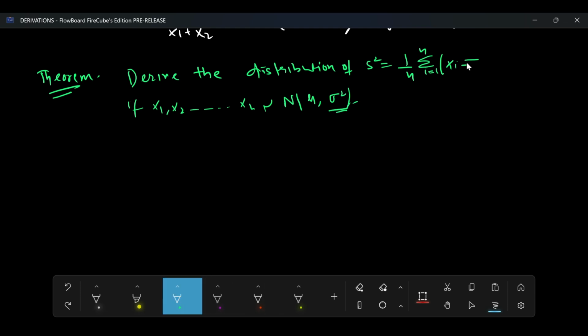So we need to find the distribution of this S square, that is, 1 upon n summation (xi minus x bar) whole square. Now see the solution.